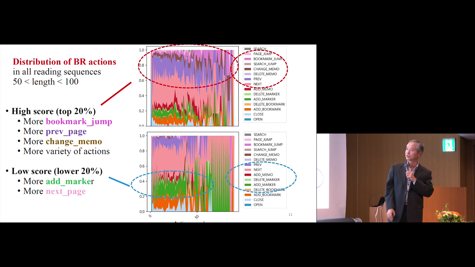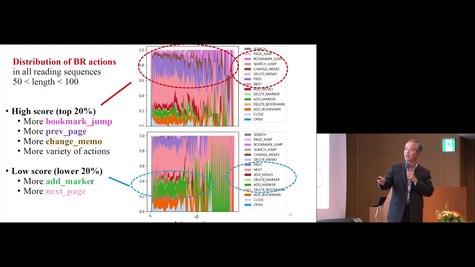The entire figure is a distribution of BookRoll actions in all reading sequences. The upper one is the high score, top 20%, and the lower part is the lower 20%. The length is between 50 and 100. We also use colors to distinguish the distribution.